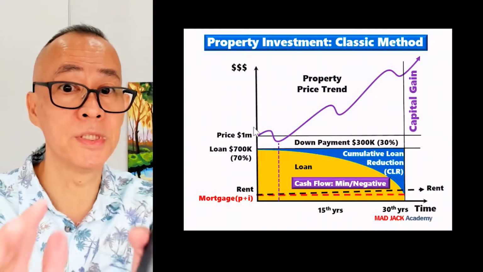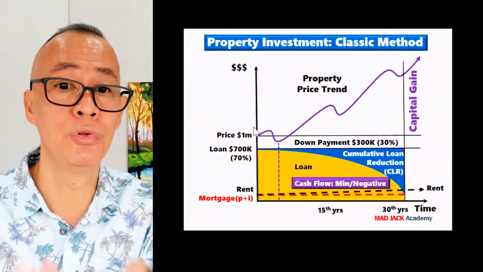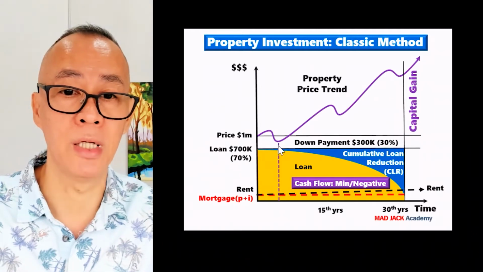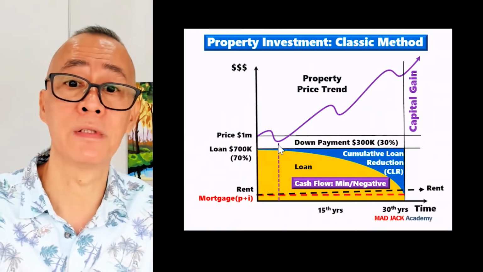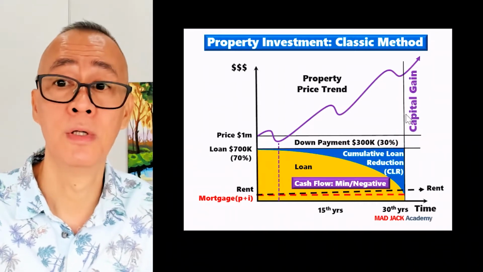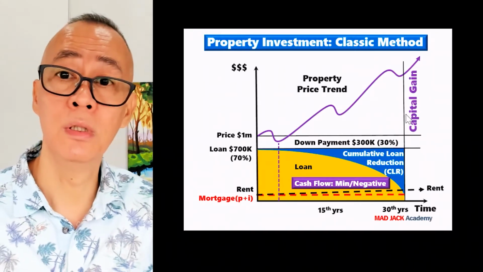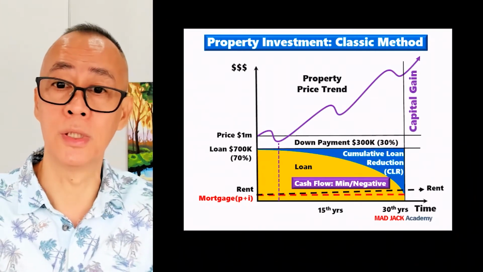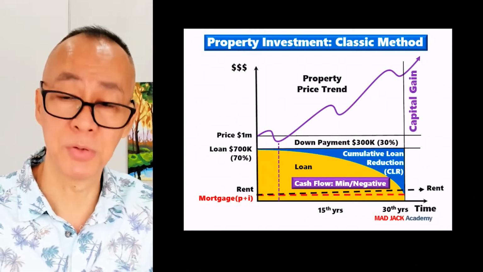Remember, property prices do correct during recession or downtime. So you bought at 1 million, if you sell at 800,000 or 900,000, you lose 100,000. So you become a capital loss, not a capital gain. So for property investment, we want to go for the gain much more than the loss.